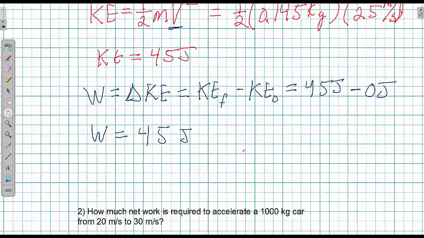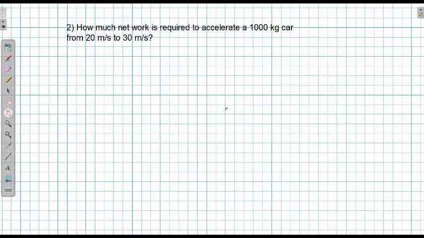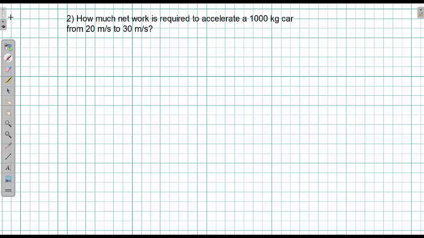Okay, let's take a look at another problem. Second assignment: how much net work is required to accelerate a 1,000 kilogram car from 20 meters per second to 30 meters per second? Well, it's very akin to the last one. Our work is going to equal the kinetic energy final minus the kinetic energy initial.